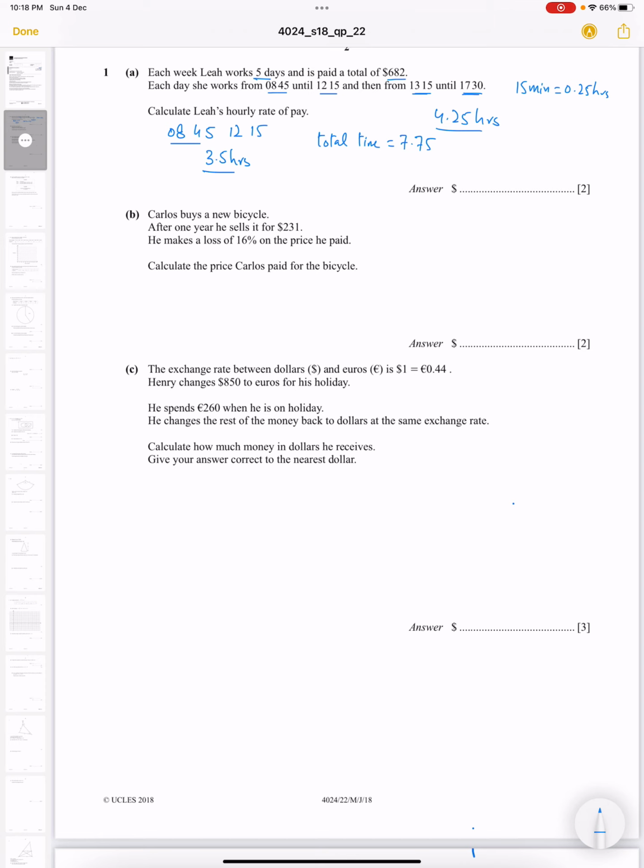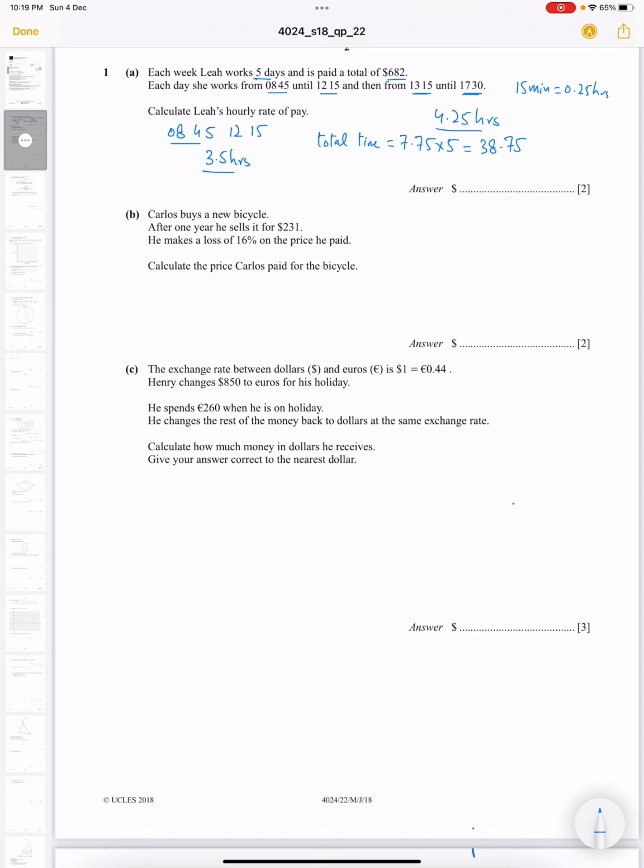As she is working for 5 days, multiply this time by 5. Since it is paper 2, you can use a calculator as well. 7.75 times 5 makes 38.75, and she is getting 682.